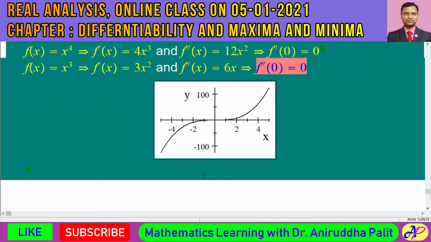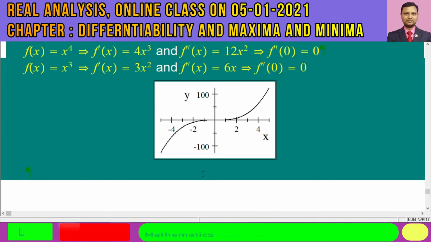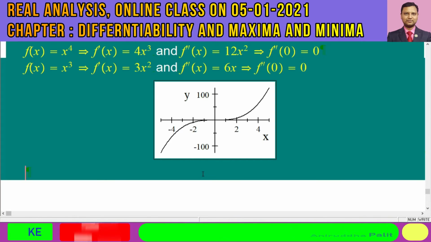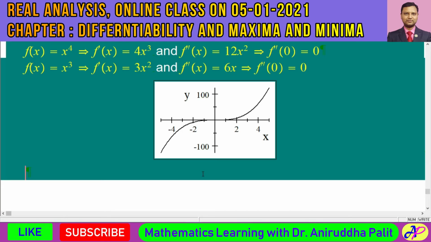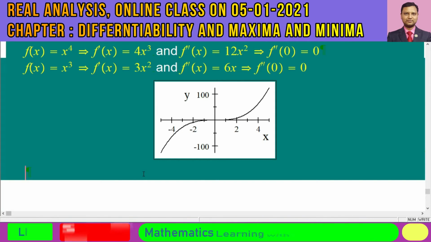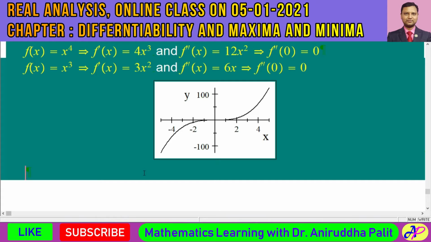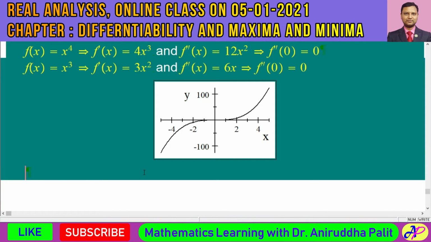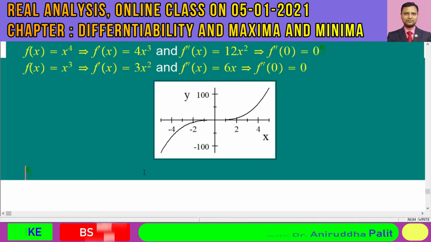In such cases, what we do, we try to differentiate the function as many times as possible until we get a non-zero derivative at that particular point under study. Over here, the point under study is x is equal to 0. So we shall differentiate until we get a non-vanishing derivative.